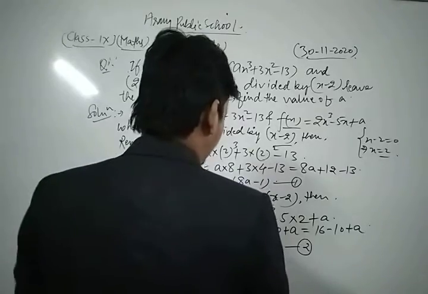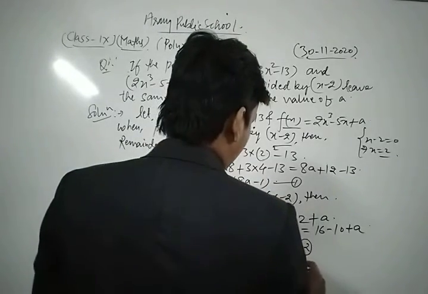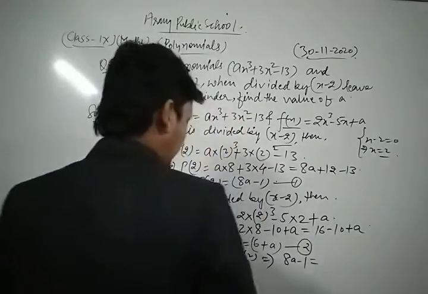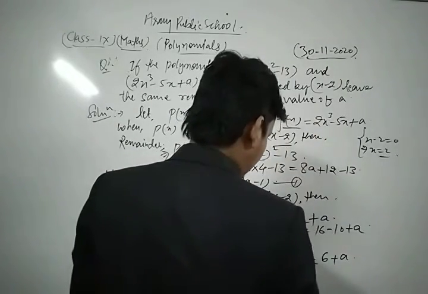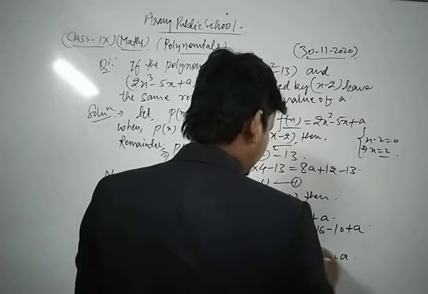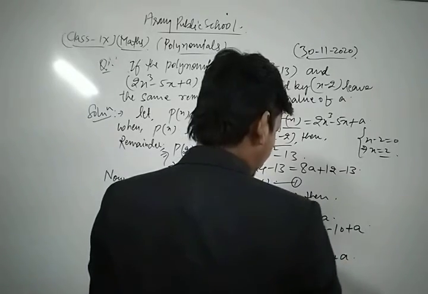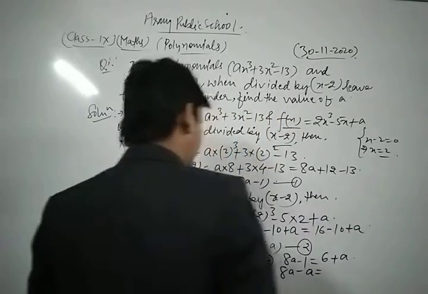So we put the value of p(2) as 8a minus 1, and the value of f(2) as 6 plus a. So we get 8a, and plus a transferred to that side becomes minus a.